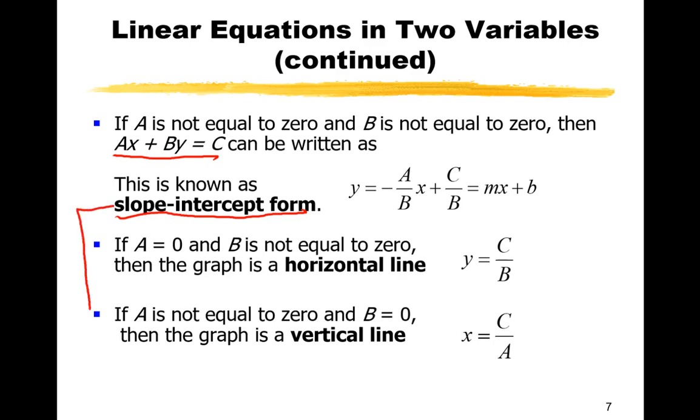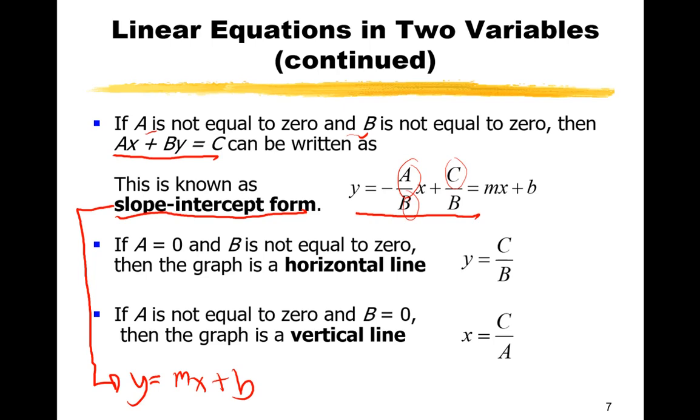When we say slope-intercept form, ito yung may y equals mx plus b. Okay? So, this one, ito yung representation natin in terms of the variables, the constants a, b, and c. Okay? So, pwede natin i-derive yan when a and b are not equal to 0.